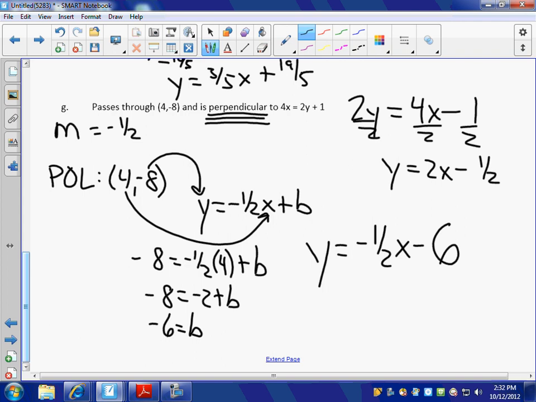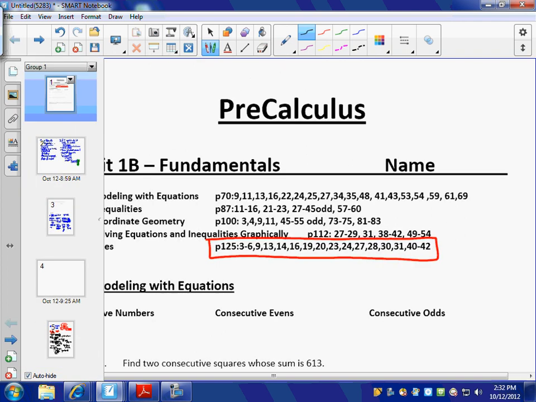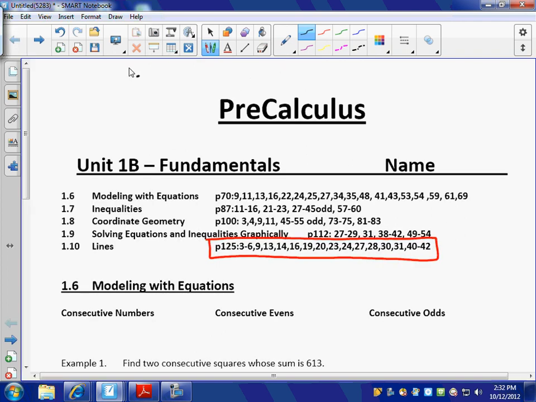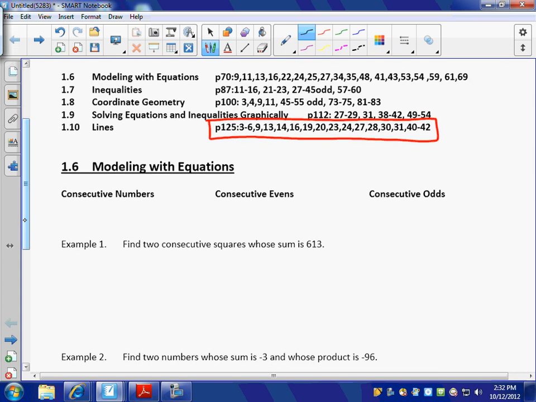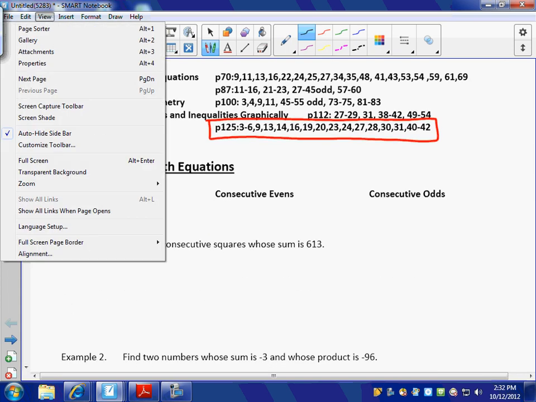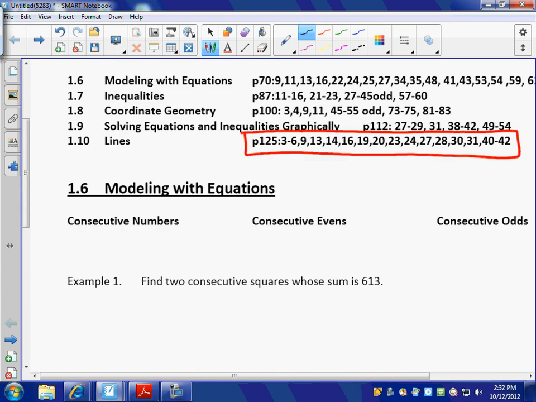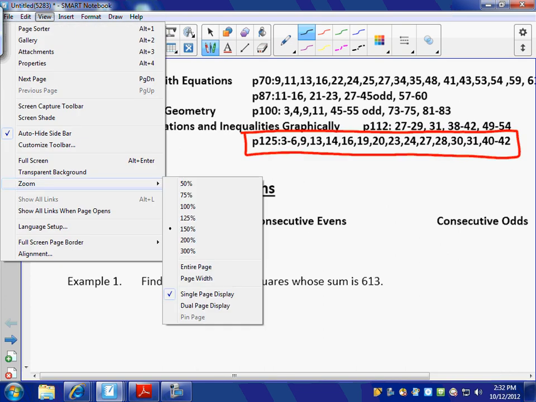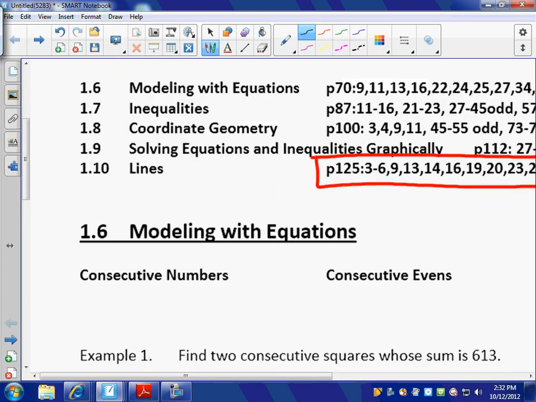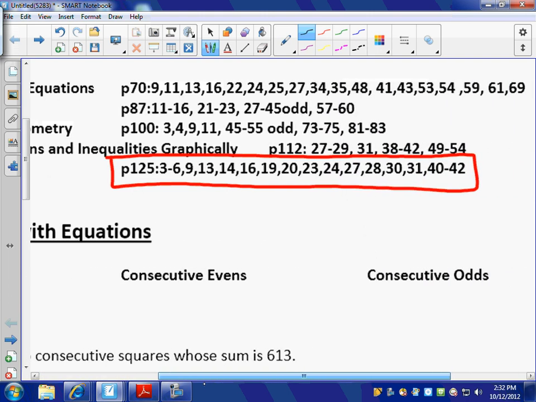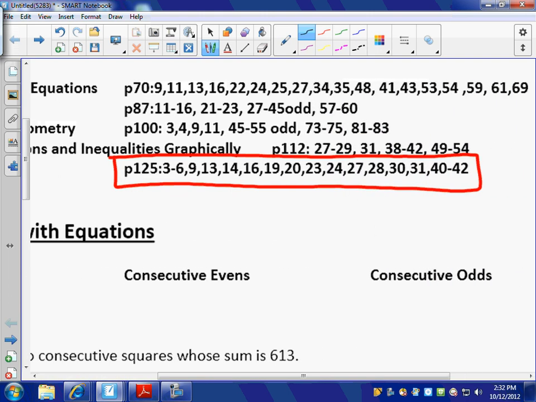Okay, your assignment. It looks like a lot of problems. Trust me, they go quick. Some of them are finding slope. I am going to hand back your homework tests, and I'm going to hand back some other homework and stuff like that.